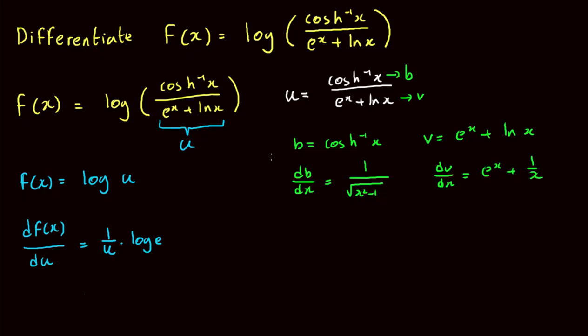Now if you want to find du over dx, as we know, it's just v, turns out to u. I keep on switching it to du automatically. Actually it's not really du because we're now using b, but the rule is still the same. So it would be v db over dx minus b dv over dx, over v squared.